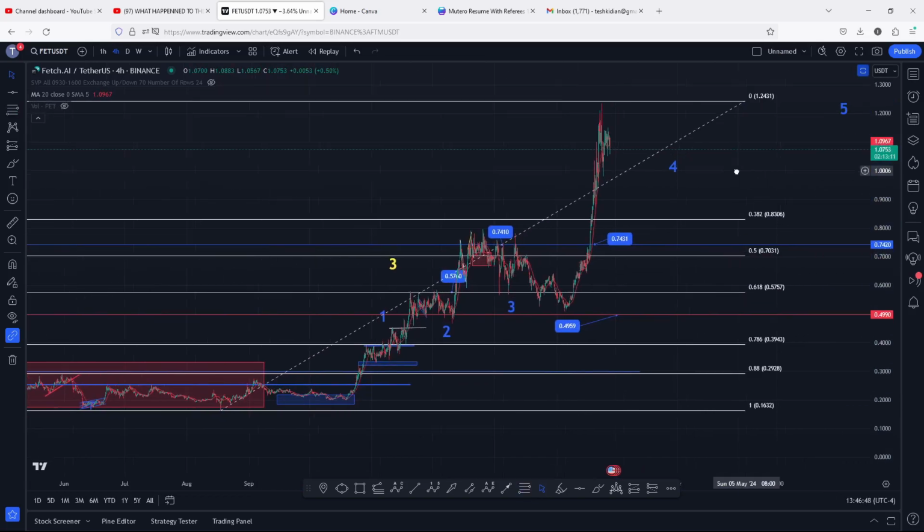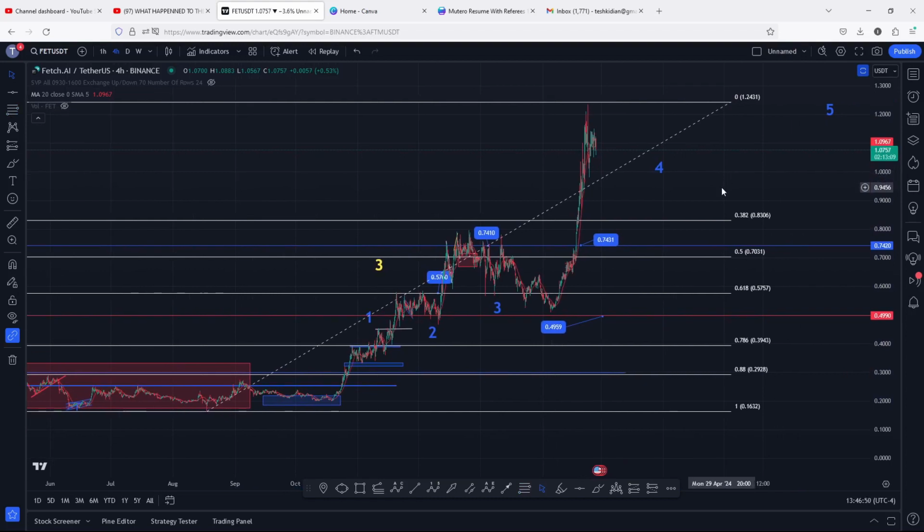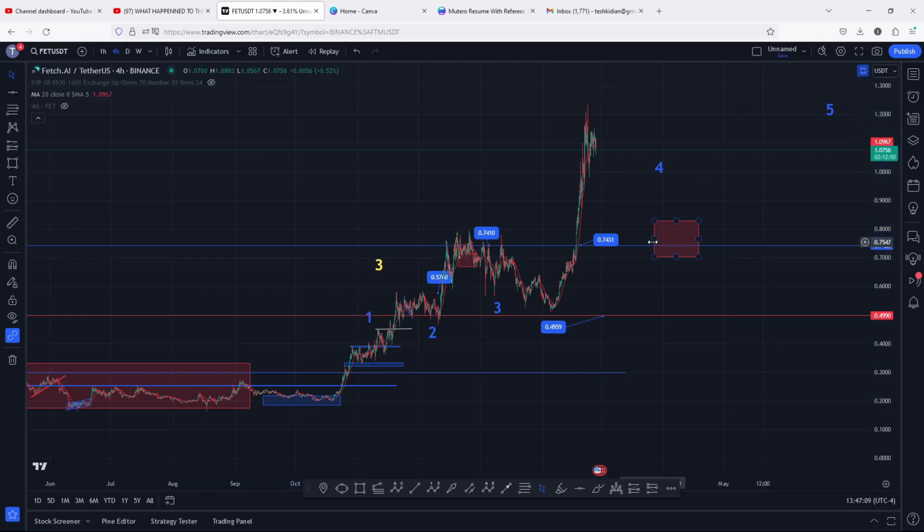That gives me a minimum pullback target area for the fourth wave between the fib level 0.382 and the fib level 0.618, and that is between the 0.8306 and the 0.7031 as our target area. So this is the area within which we can have our breakdown target areas for that breakdown move in the formation of this wave 4.